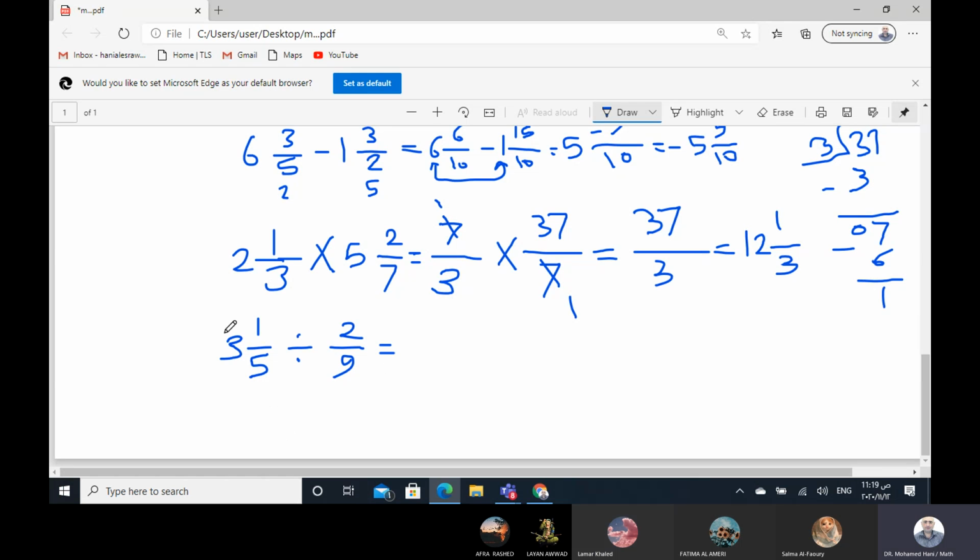The first step, change the mixed number to a fraction. 3 times 5 will be 15, plus 1 will be 16 over 5. Then change the division to multiplication. Then find the reciprocal of the divisor. So 2 over 9 will be 9 over 2.